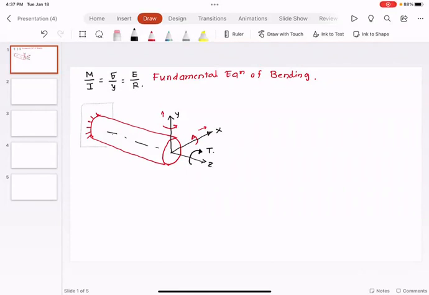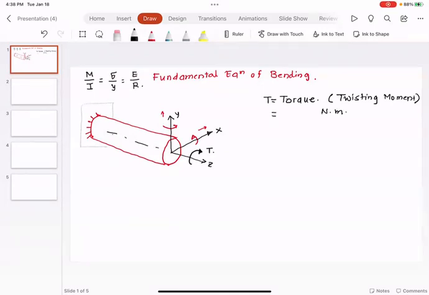In that case, there will be torque. So T is equal to torque. Torque is also called twisting moment, and the unit is Newton meter.